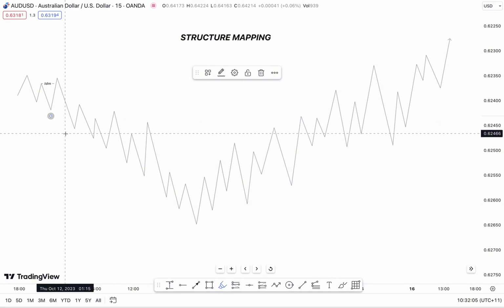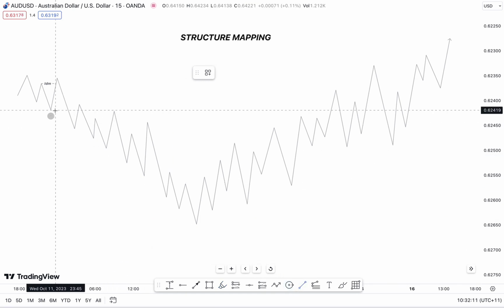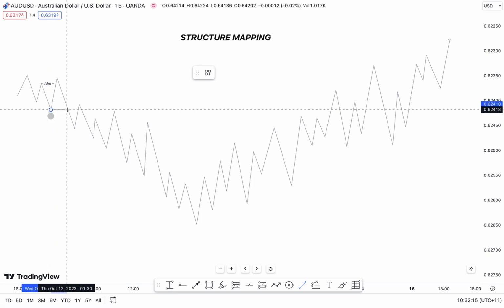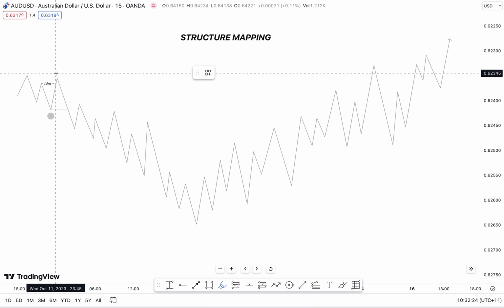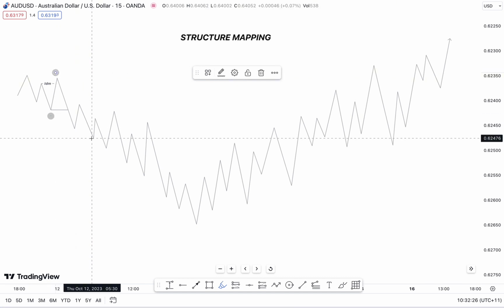How do we confirm our lower high? The only way we'll be able to confirm our lower high is when this lower low has been broken. Once this lower low has been broken with a full candlestick, then you can mark here as your lower high.